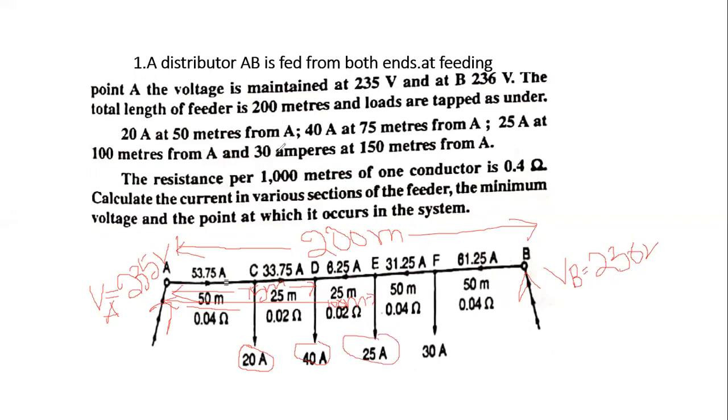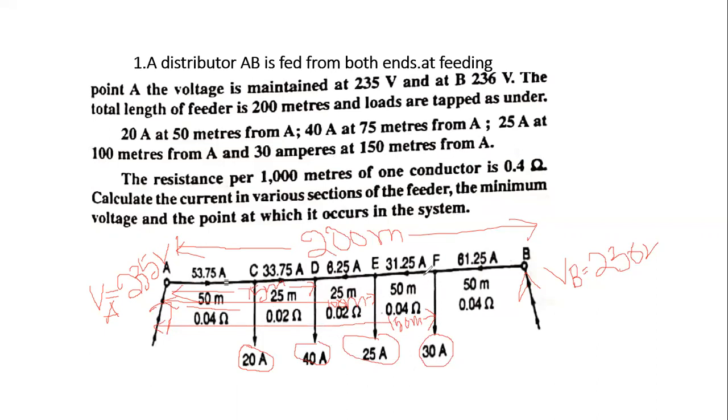Next, 30 amperes at 150 meters. The distance from A to F is 150 meters, and the loading is 30 amperes.